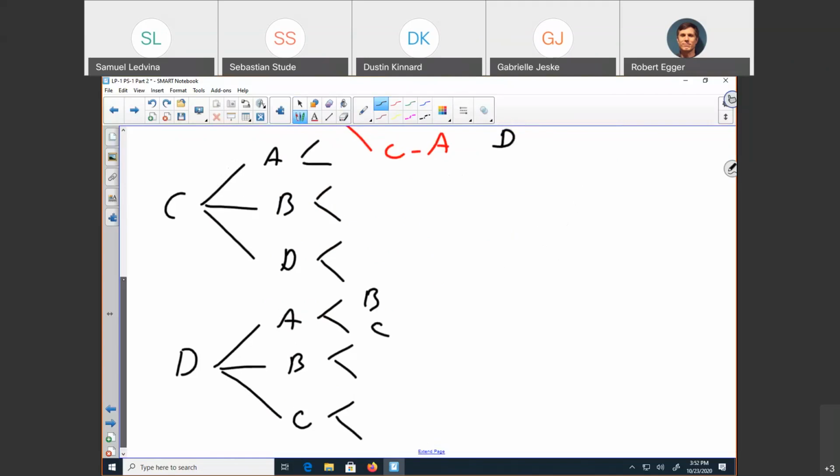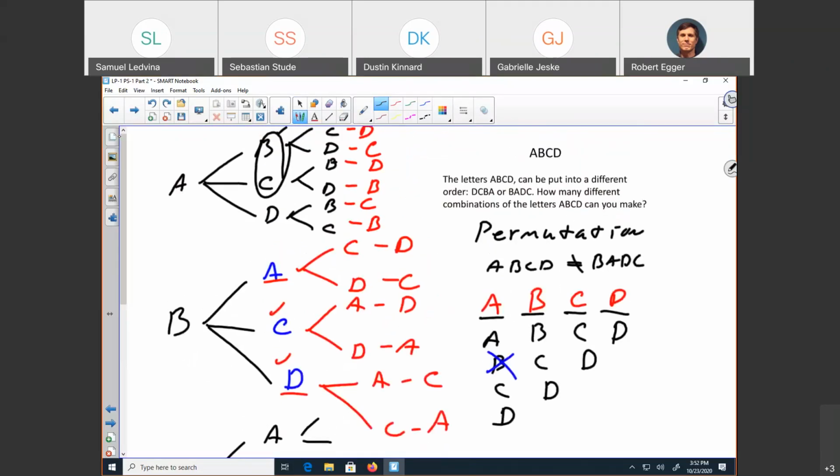So a decision tree, or what's the book called? The book has a different name for it. I'm using a statistics term here. The book calls it a tree diagram.